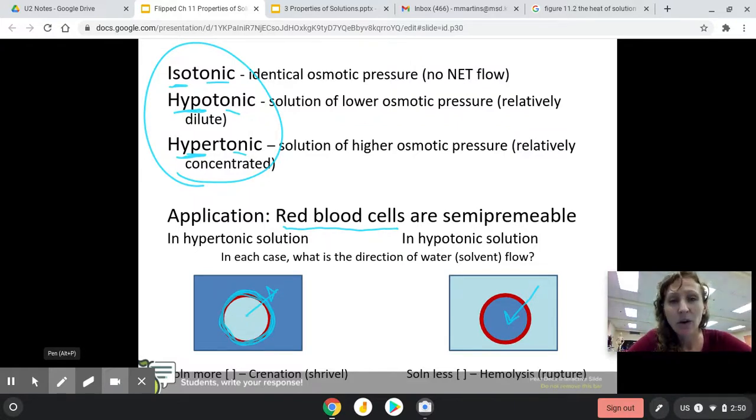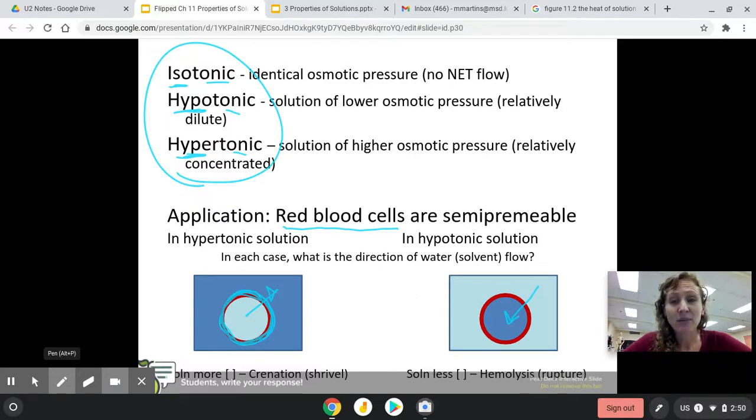We call this hemolysis. So hemo means blood. Lysis means like a splitting or a rupturing. And the blood cells will actually break open, which is a really bad scenario. You definitely don't want this happening. The red blood cells will die. And if it's allowed to occur to a great enough extent, the patient will also die.